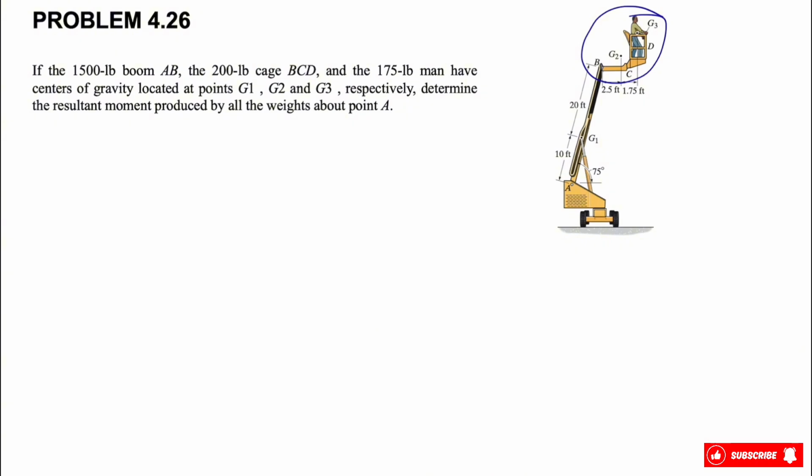So we have G1 for the beam AB, we have G2 for the cage BCD, and we have over here G3, the center of gravity for the man. And we need to determine the resultant of the moment produced by the weight at point A here.